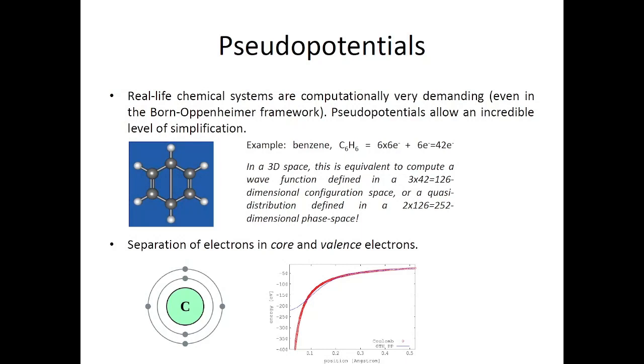The pseudopotential is a level of simplification that we introduce in the system, but it provides very interesting computational advantages, because we are now drastically reducing the number of electrons that we want to simulate in a chemical system. So pseudopotentials can be utilized in the context of signed particles. I am mentioning that so that anyone interested in a time-dependent simulation of a chemical system knows that they can use pseudopotentials as well.